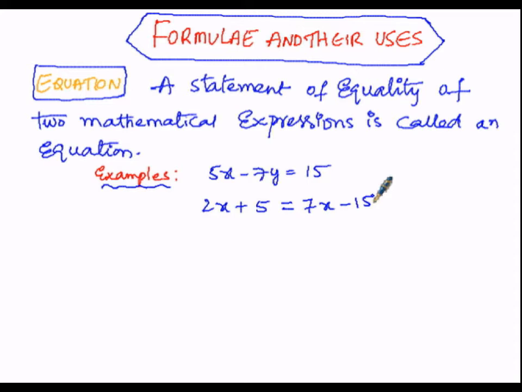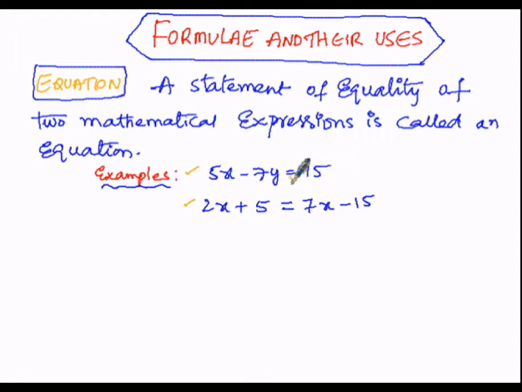These two come under the examples of equations. In the first equation the left hand side quantity is 5x minus 7y, in which there are two variables. It is a two variable equation, whereas it is equated to 15. So there are two algebraic expressions: one is 5x minus 7y, and on the other hand 15 is another algebraic expression with a single term.